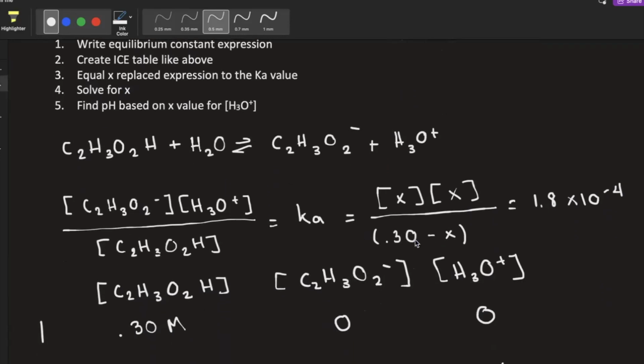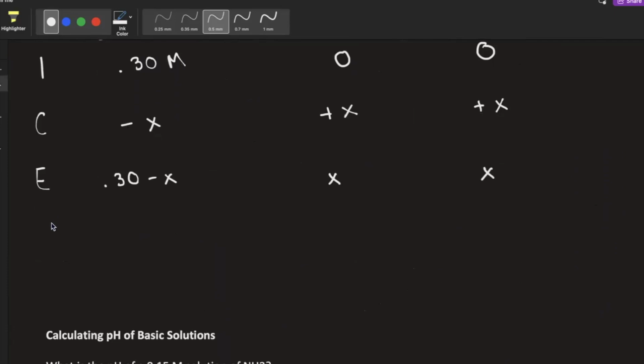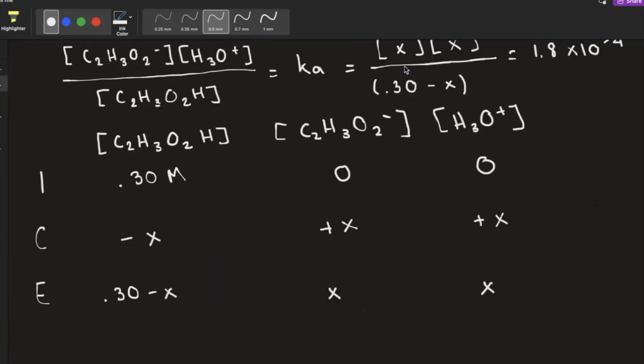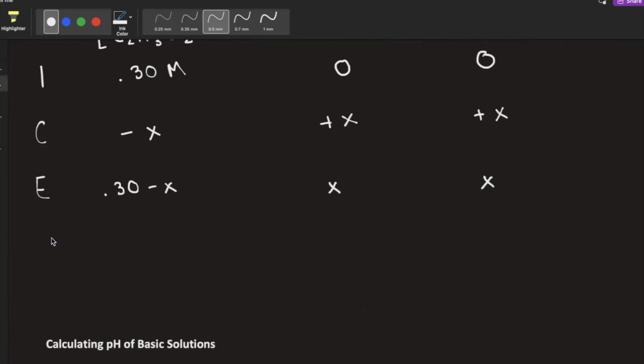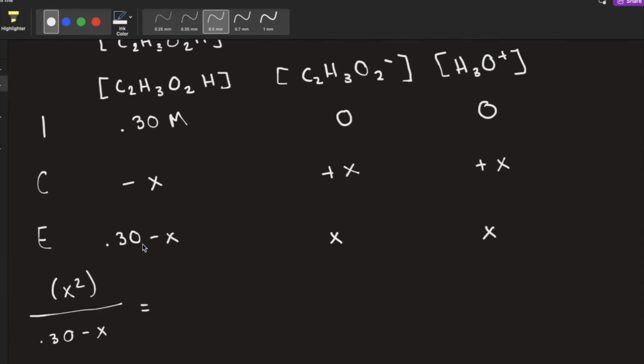So what we're going to do is come down here and rewrite it. So we have two x's multiplying by each other, so it's going to be x squared. Then we have 0.3 minus x is equal to 1.8 times 10 to the negative 4th.